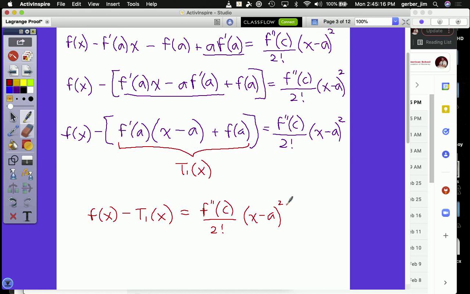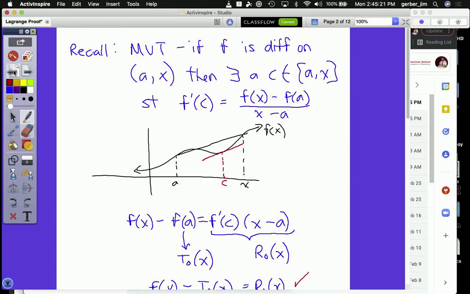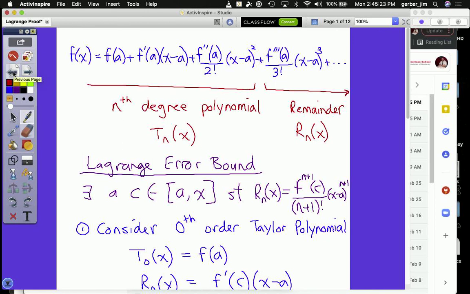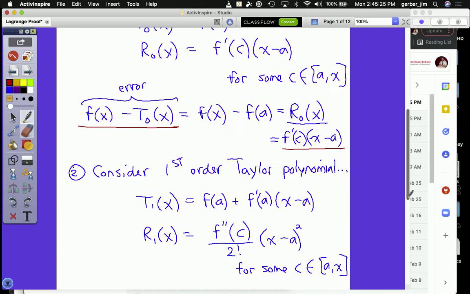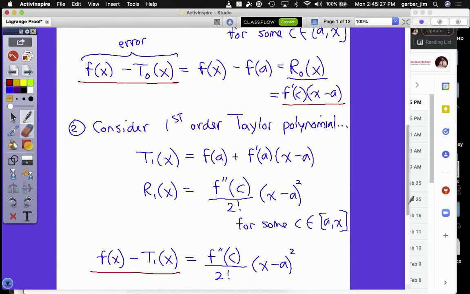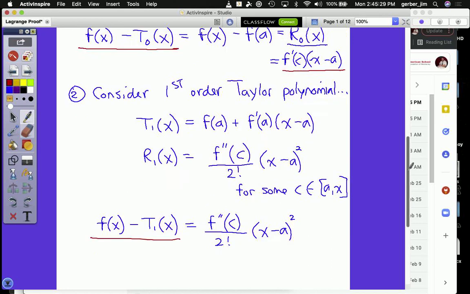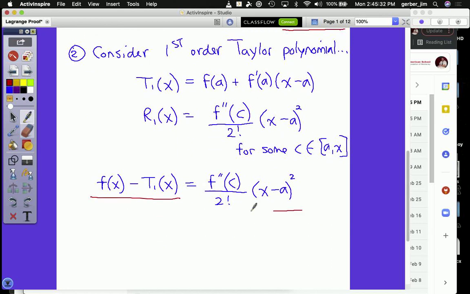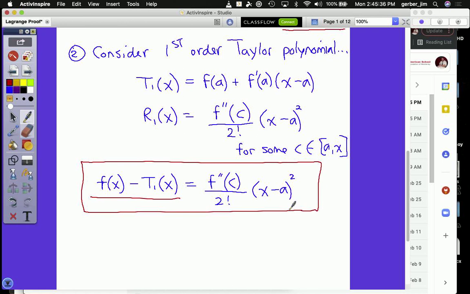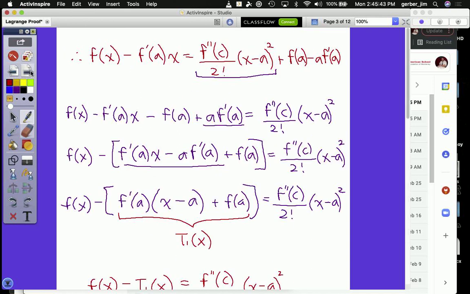And so, if we go back now and just take a look, I'll go back 2 pages. And remember when we considered our first order Taylor polynomial here, well, this is exactly what we ended up with. F at x minus T1 at x equals f double prime at c over 2 factorial times x minus a squared. That's what I just had right here.